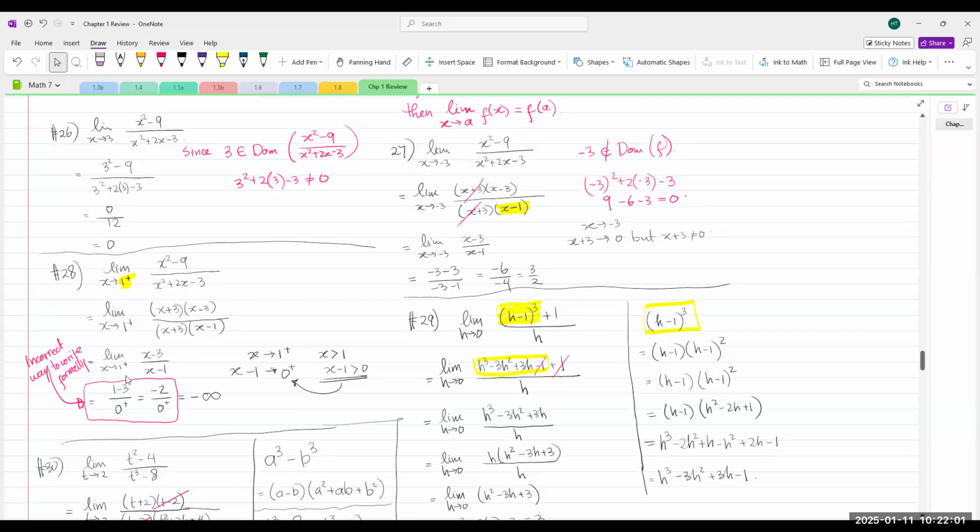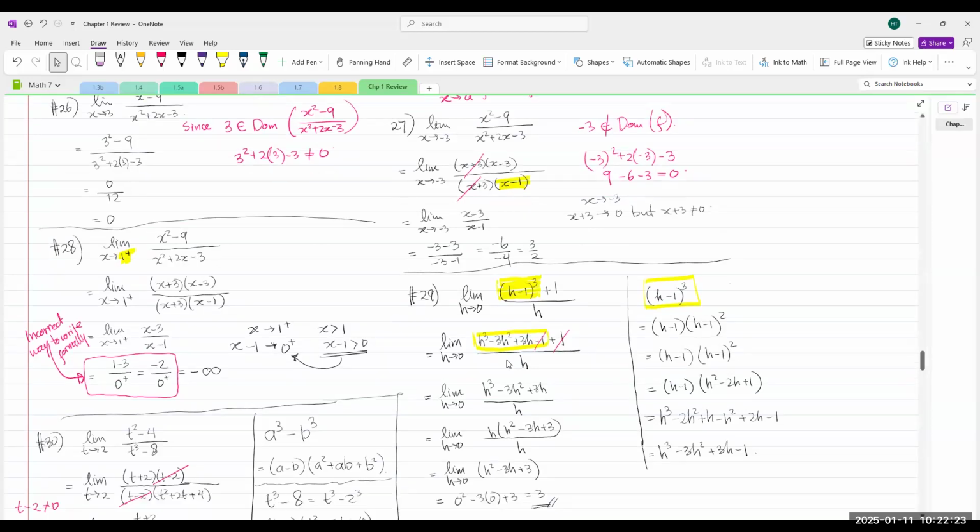So then we try to take a look, okay, well, even though it is not in the domain, what happened to x minus 1? Is it approaching 0 from the positive side or from the negative side? Okay, then we see that it will go to, in this case, negative infinity.